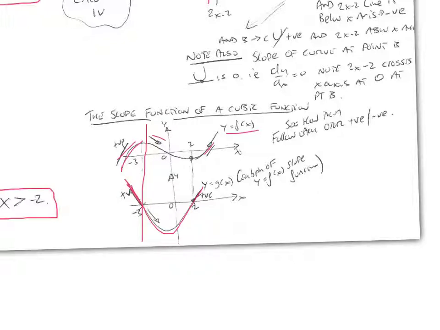Okay, from there it's decreasing to here, and it's decreasing here as well. Okay, and from 2 onwards it's increasing, and from 2 onwards its slope function is increasing as well. So it's just to note how they follow each other in terms of positive and negative, increasing and decreasing, the function and its slope function, if we were to look at them graphically or represent them on a graph.